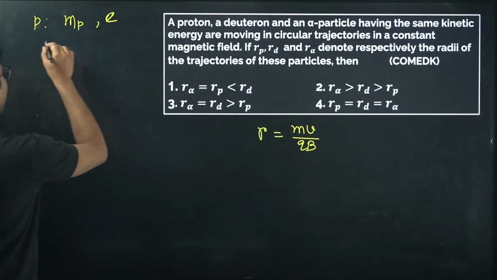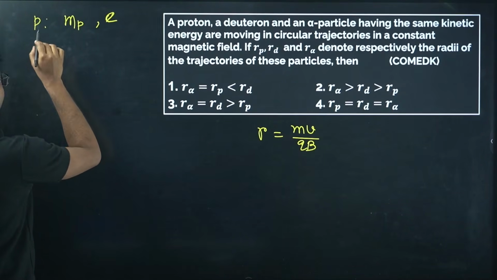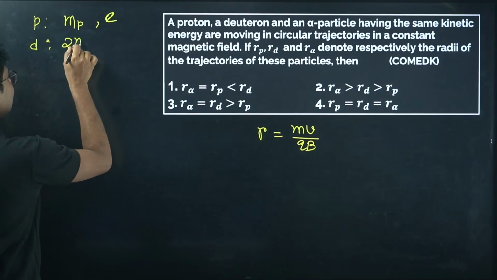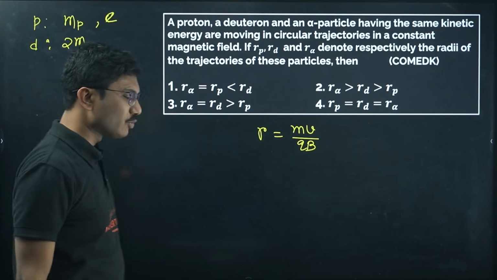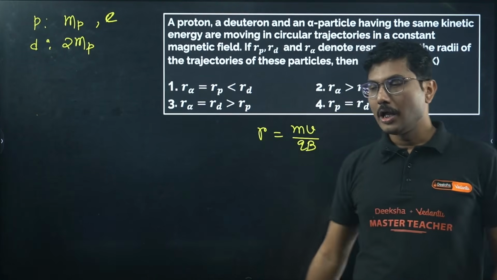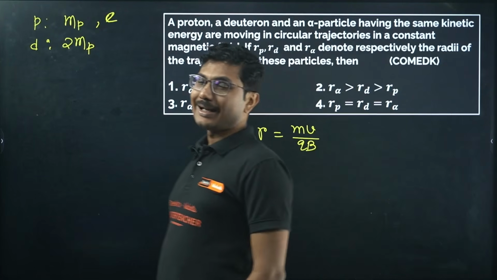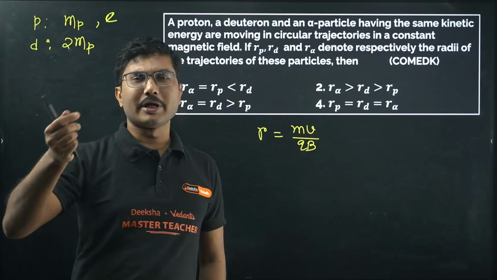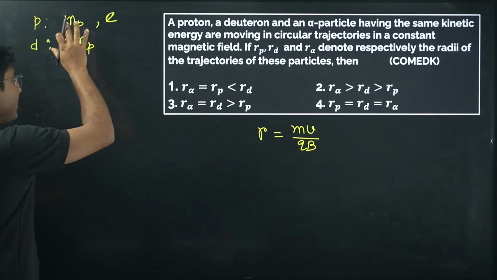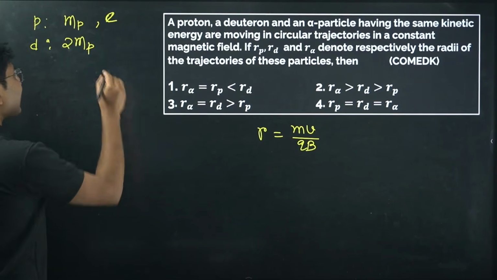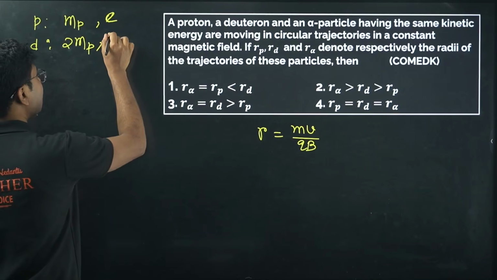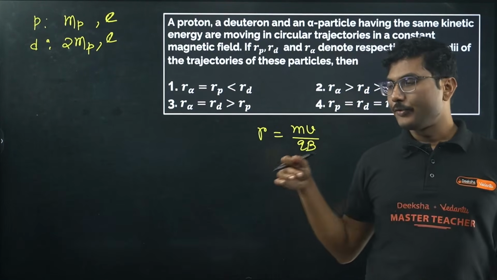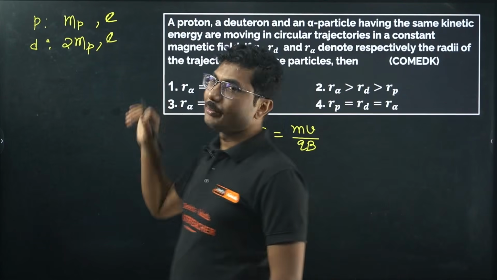What about deuteron? Deuteron is an isotope of hydrogen. It has mass twice that of a proton, because a deuteron has one proton and one neutron. Mass of a neutron is almost equal to that of a proton. So mass of deuteron is 2 mp. Charge is the same as a single proton, that is e.